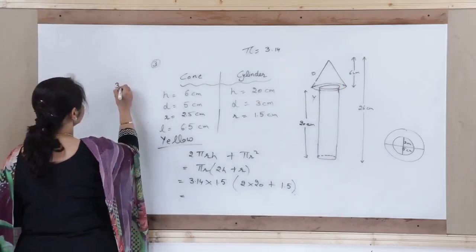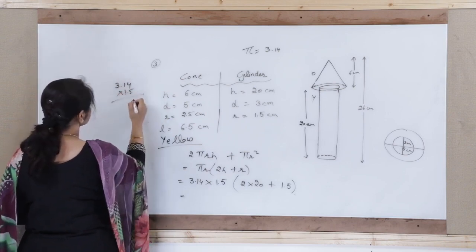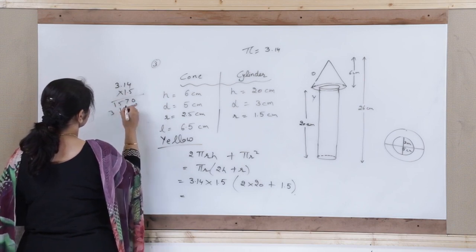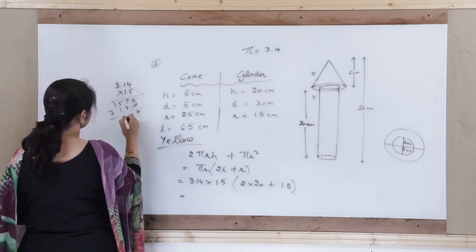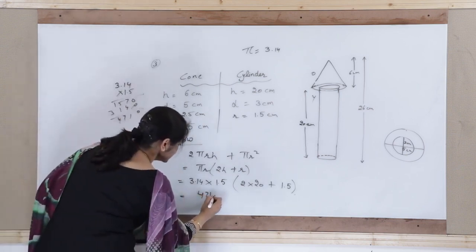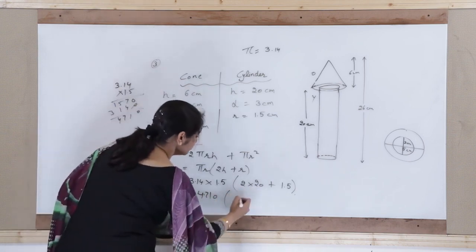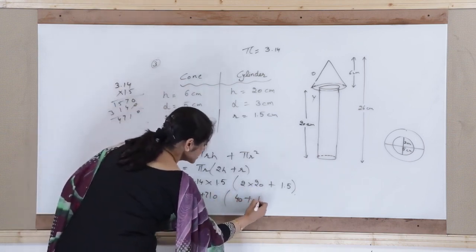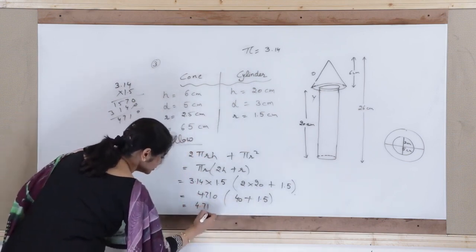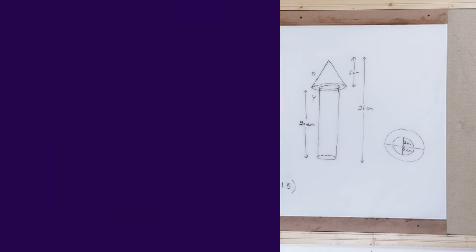Now 3.14 multiplied by 1.5, it will give us 4710 and decimal here, and inside the bracket we will have 40 plus 1.5. So here we have 4.71 multiplied by 41.5.